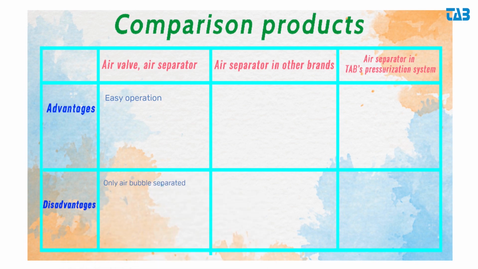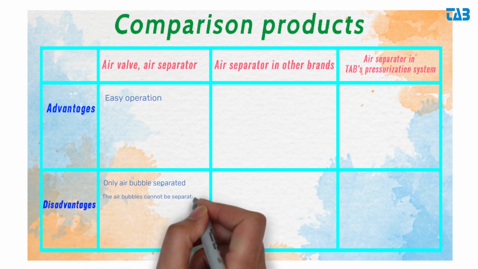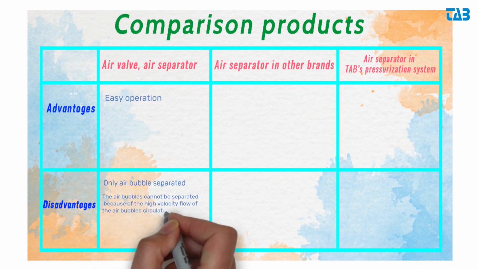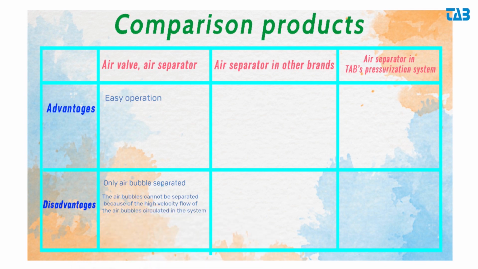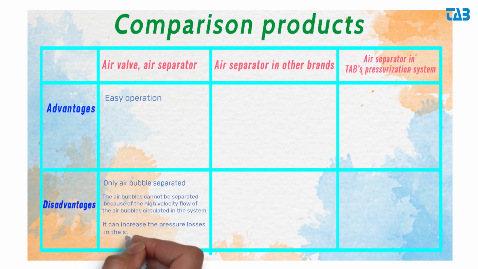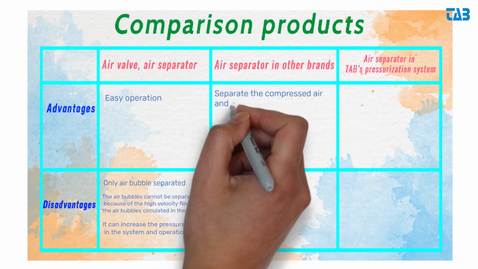The air bubbles are unable to be separated because of the high velocity of water in the pipe, which can flow with the air bubbles, and they are still circulated in the system. The air bubbles are unable to be caught by the stop mid-flow air separator. The stop mid-flow air separator can increase the obstacle for pressure in the system and increase the operation cost.